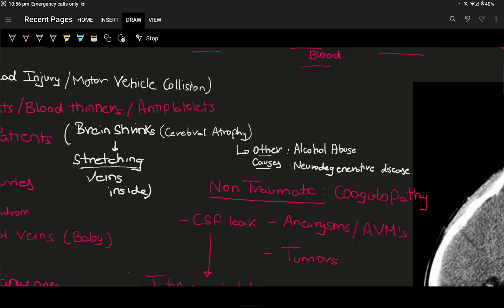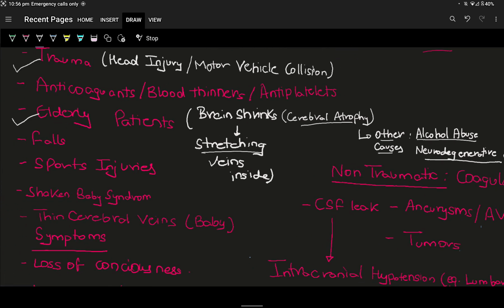Some other causes of cerebral atrophy are chronic alcohol abuse, and neurodegenerative diseases are also factors. If the patient is on an anticoagulant, any blood thinner, or any antiplatelet agent, all these classes of medications put them at risk of a subdural hematoma.